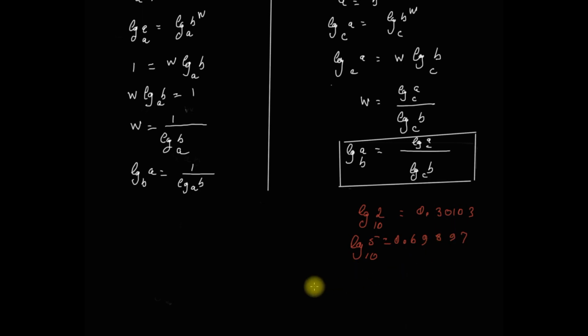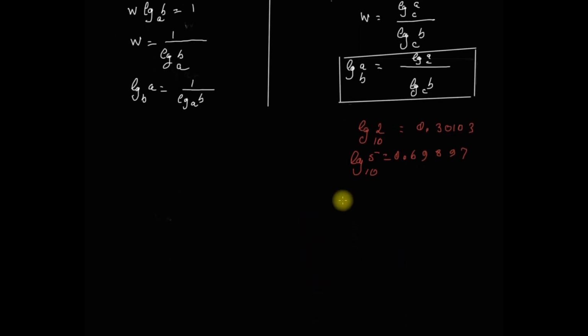So I can write log base 5 of 2 is equal to log base 10 of 2 divided by log base 10 of 5, which would be 0.30103 divided by 0.69897. And the answer is 0.43067.